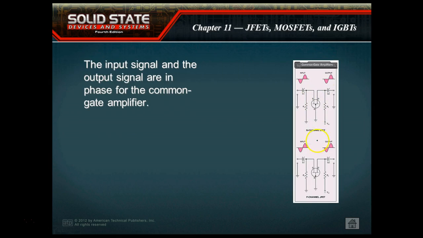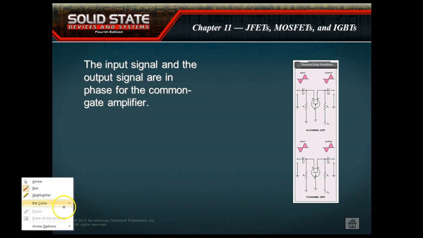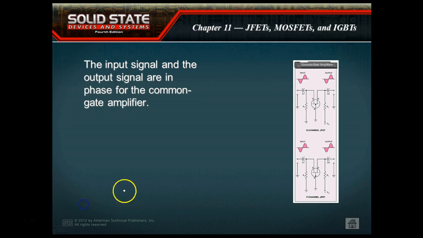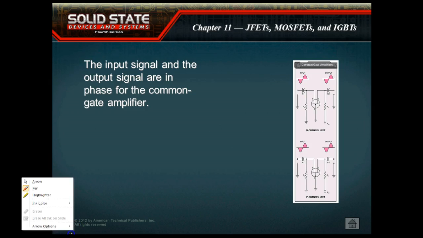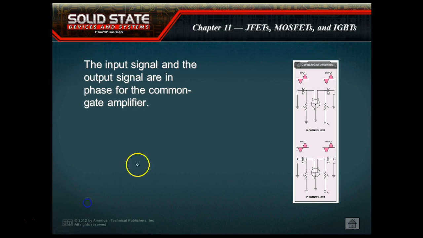This is the same slide. This is a common gate, and it has a lot of the same characteristics of a common base amplifier. Let me choose another color so we can show that. You can show that the input and the output current are going to be equal to each other. So here's my input coming in, and it's going to go through the channel, and then this will be my output.